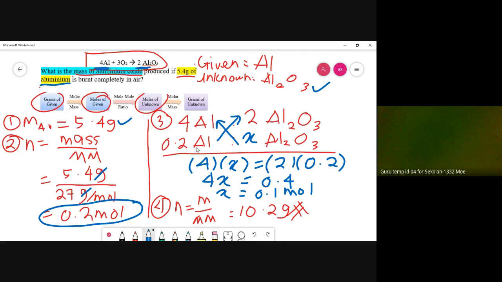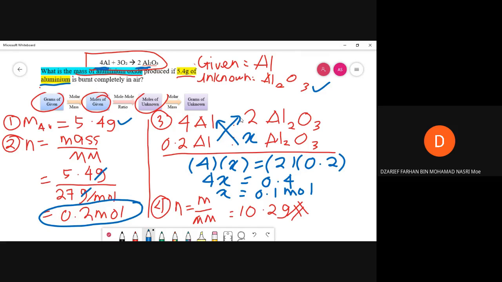So, daripada second step, we now have 0.2 mole of aluminium. So, bila kita dah ada 0.2 mole of aluminium, of course lah number of mole tak sama untuk Al2O3. So, kita nak cari number of mole for Al2O3. Kita letak je X dekat depan. Dah letak X, you cross multiply. You akan dapat 4 darab dengan X, and then 0.2 times with 2.